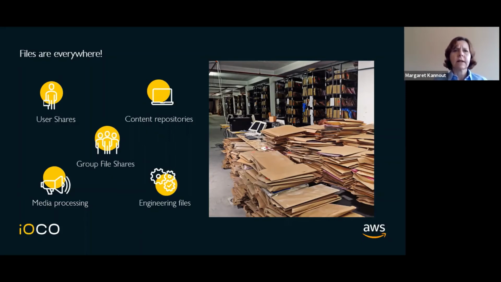This data can additionally be a part of media processing environments, database backups, content repositories for application data, or archive data needed to be retained for compliance purposes or simply company policy. And it's often spread across multiple storage silos in multiple locations.